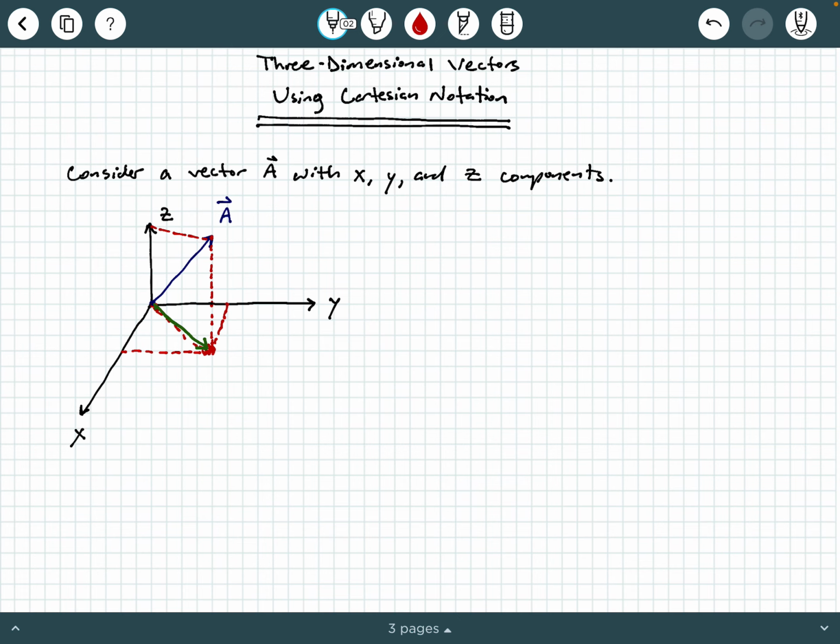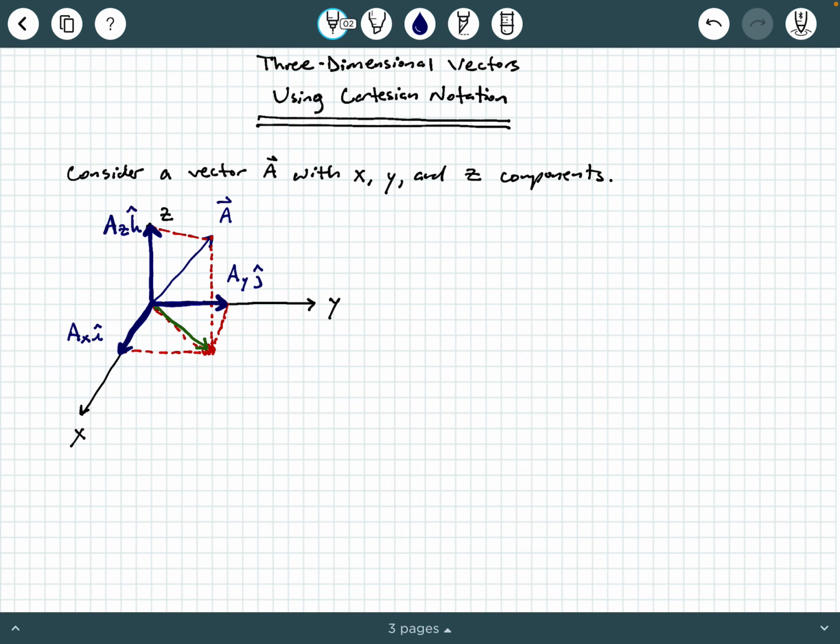So if I were to sketch the actual components, then what I'm going to have here is the y component of vector A, which I'm going to express as A_y j hat, and then I've got the x component here, which I'm going to express as A_x i hat, and then sure enough, I'm going to have the z component coming up here, and that's going to be expressed as A_z k hat.